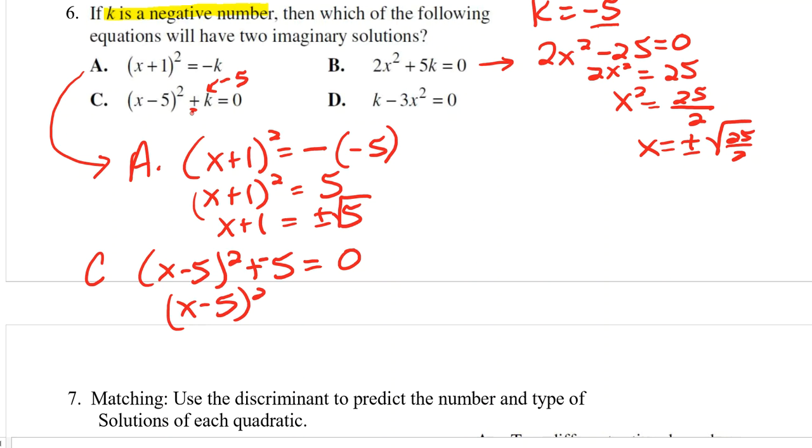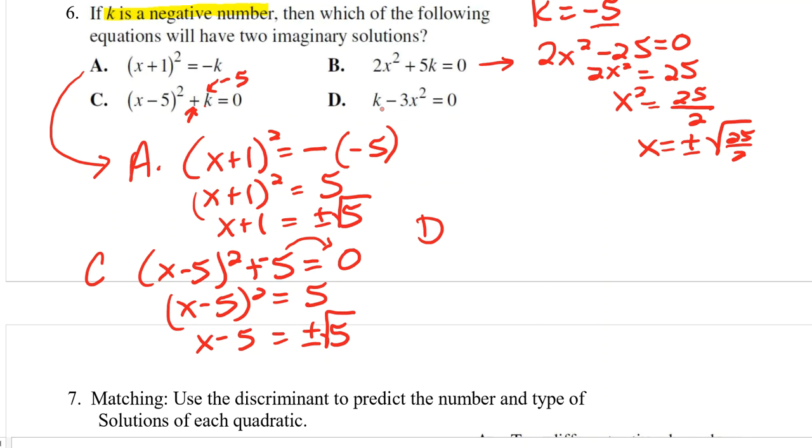So this plus sign and the negative is coming from the 5. So when I move it to the other side, it would be +5. And again, I can stop at this point because we can see that there would be a positive number under the square root. So let's find out if D is going to be our answer.